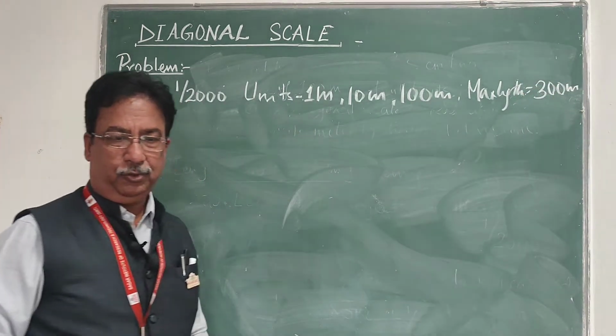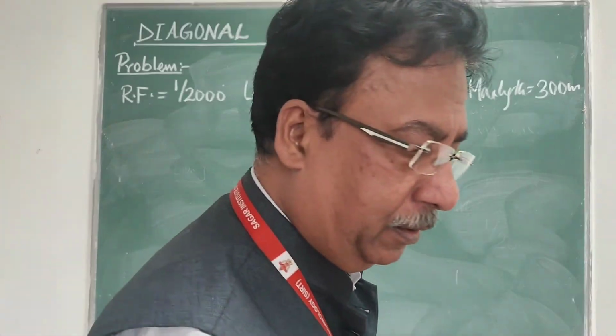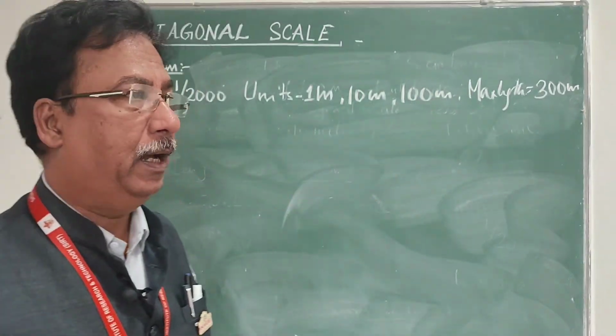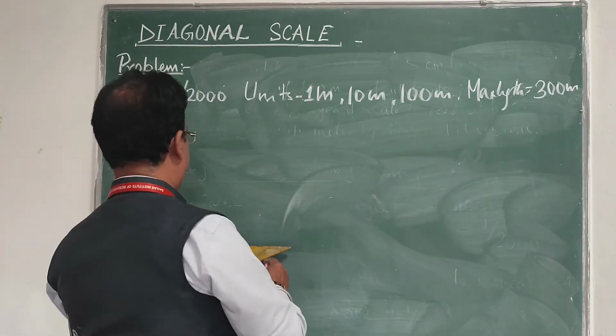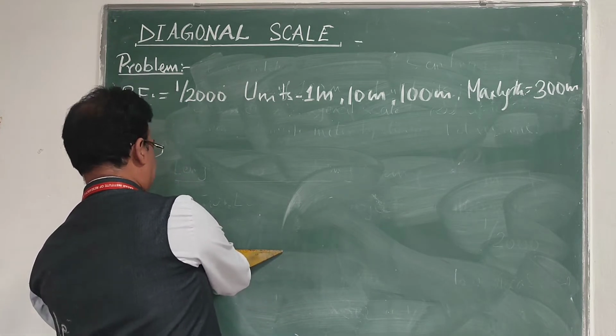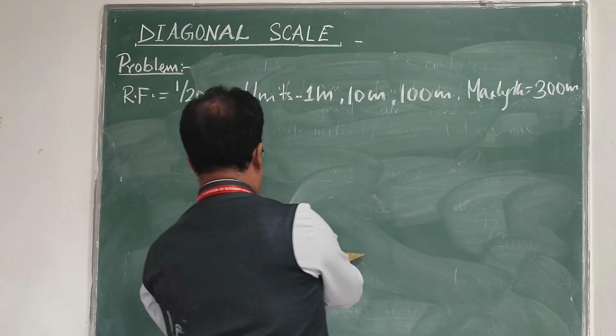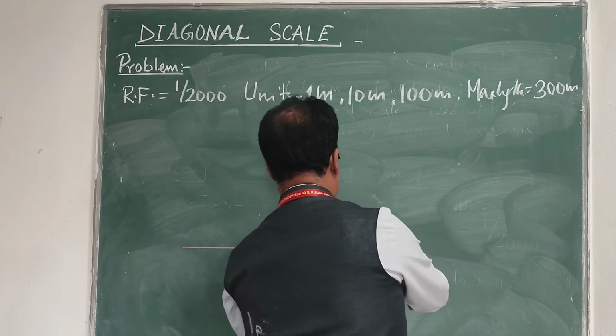So now I want to go for a diagonal scale. The method will be, again I am going to draw a line of 15 centimeter length for this scale.